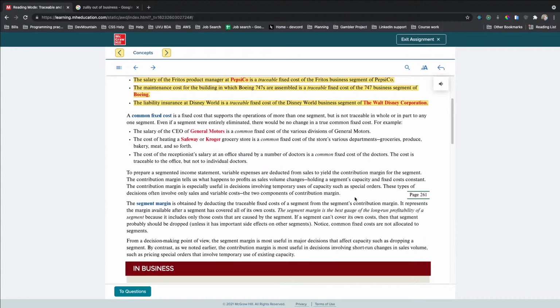More than one segment. Salary of CEO of various divisions.